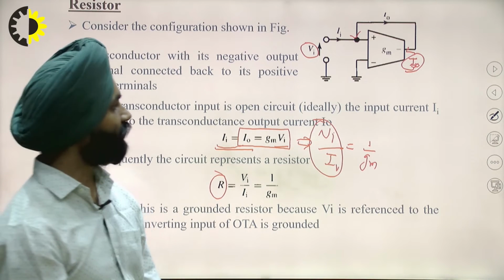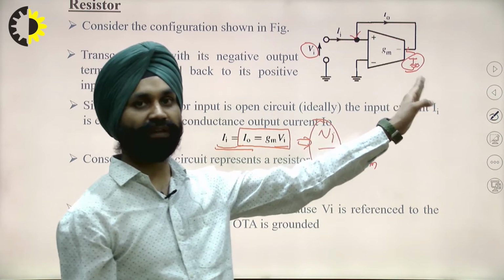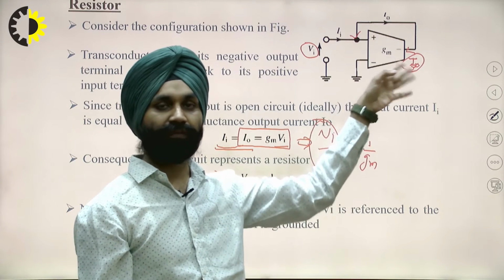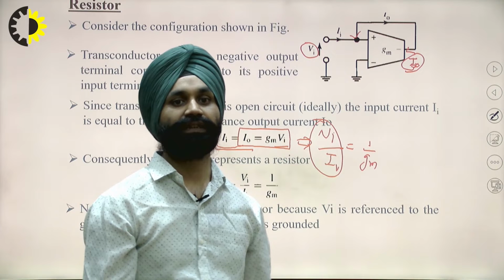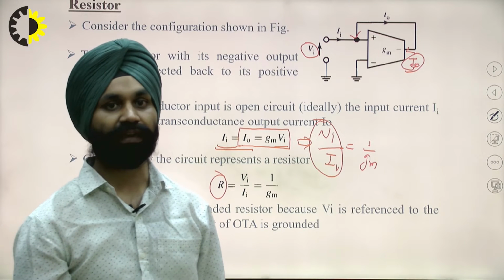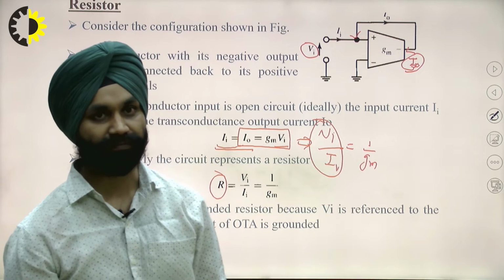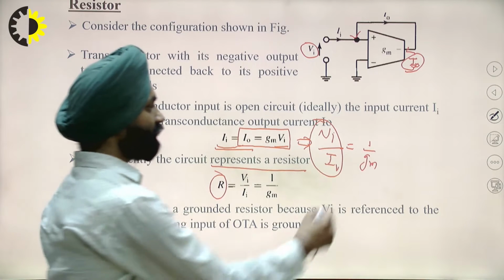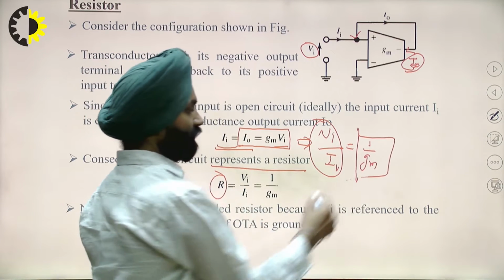So if we connect the output of this operational transconductance amplifier to the input by giving feedback, this circuit acts as a resistor, with resistance equal to 1 by Gm.